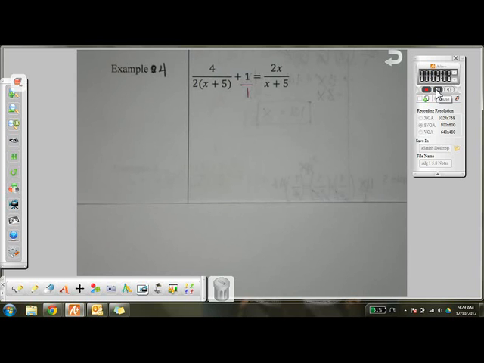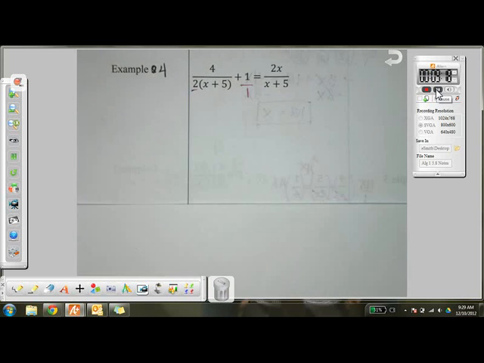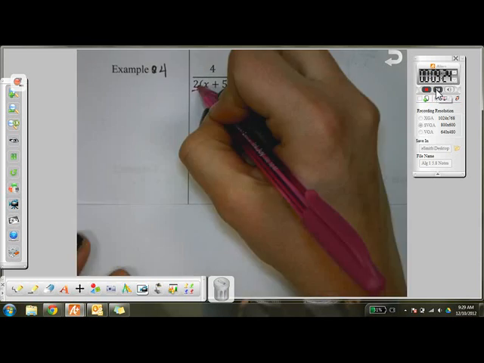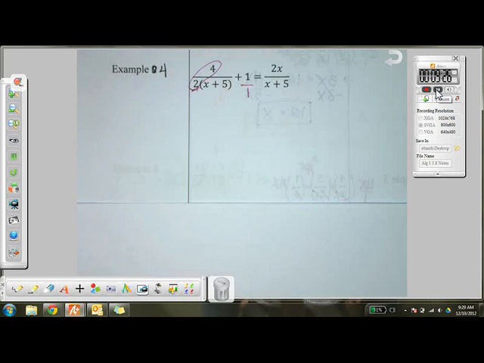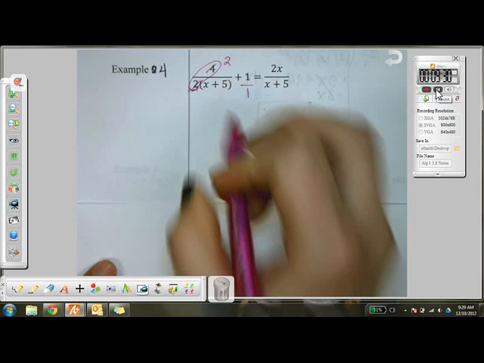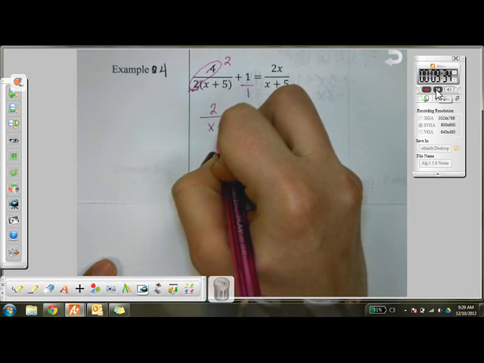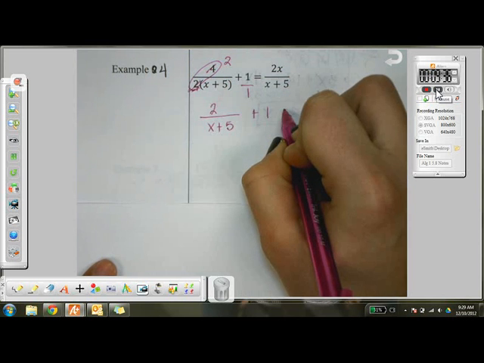Do I have an LCD yet? Somebody says x plus 5, but look at what's in front of that one. A 2. But what do you notice? Does that reduce? Yeah. 2 goes into 4 how many times? Twice. So rewrite this as 2 over x plus 5 plus 1 equals 2x over x plus 5.